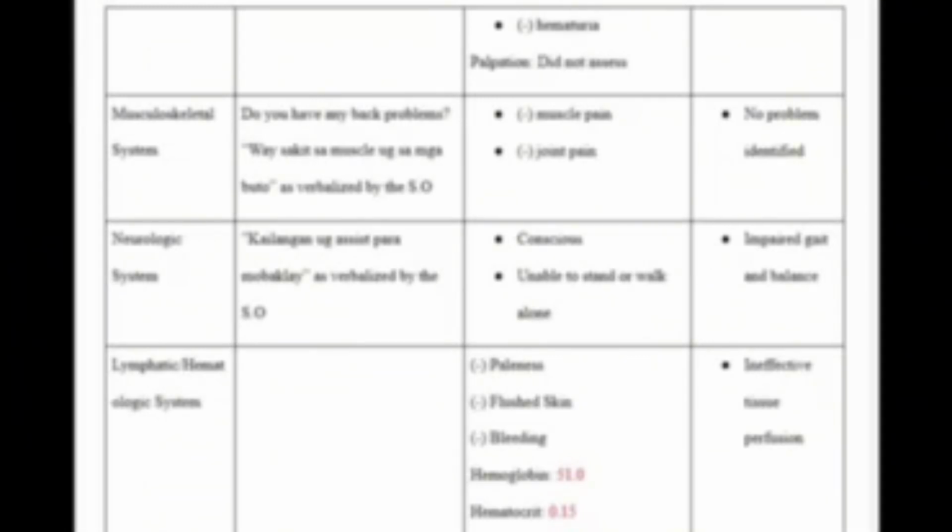Next is the lymphatic and hematologic system. No subjective data provided. For the objective data, negative for paleness, negative for flushed skin, and negative for bleeding. Hemoglobin is 51.0, hematocrit 0.5, which is abnormal. The problem identified is ineffective tissue perfusion.